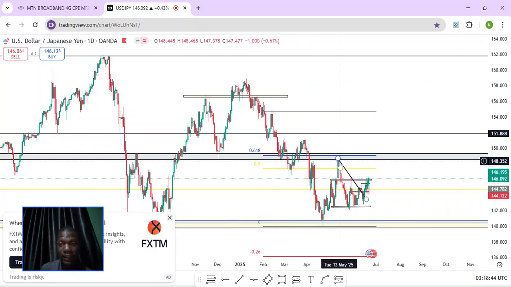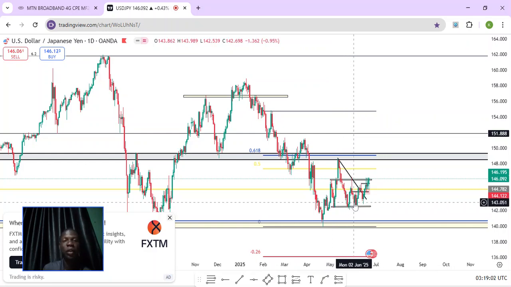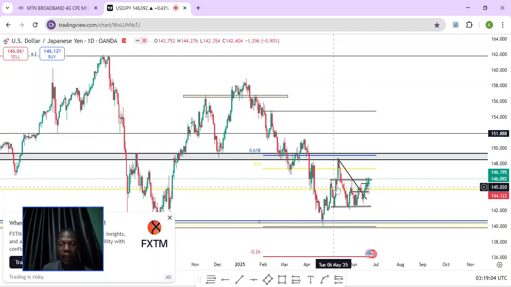So this is a retractive move, but we can't just enter because, like I said, guys, before I enter any trade, it will at least give us a chart pattern that yes, I'm ready to go all the way to the upside. Although this time it gave us a chart pattern, the chart pattern was not valid, because if you look closely, this is the left shoulder, head, and right shoulder.